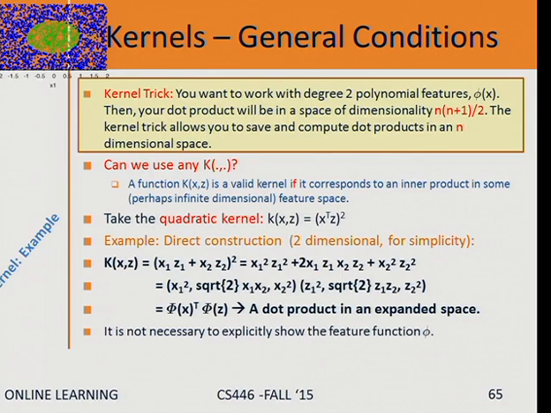Okay, so now in real life, you don't necessarily need to figure out what this phi is if you want to use a kernel. There are some properties that you can prove directly on K, and it's guaranteed, if these properties are satisfied, that this phi exists, even if you don't know how to write it down.